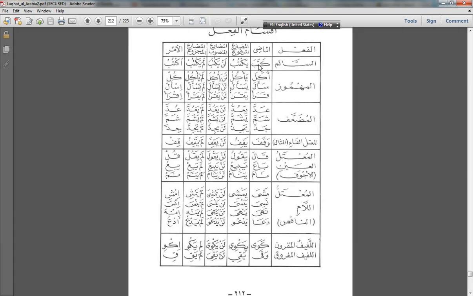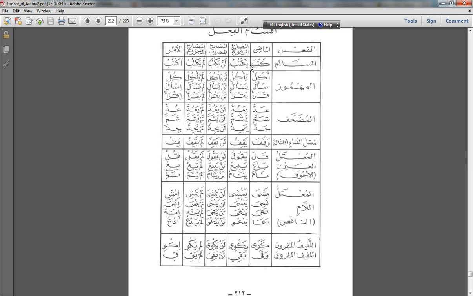It is those verbs that don't have harful illa, don't have hamza, don't have double letters which are the same. So basically a regular verb which doesn't have any of those ilal, things which force a person to change the original form. So kataba, yaktubu, lan yaktuba, lam yaktub, uktub.